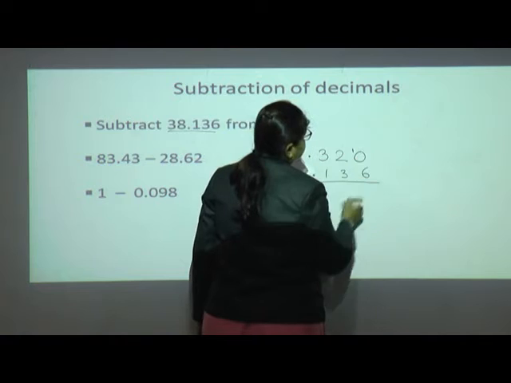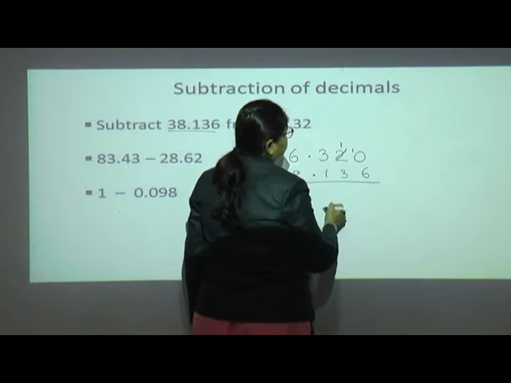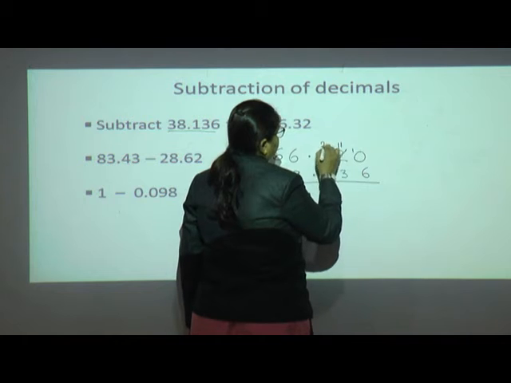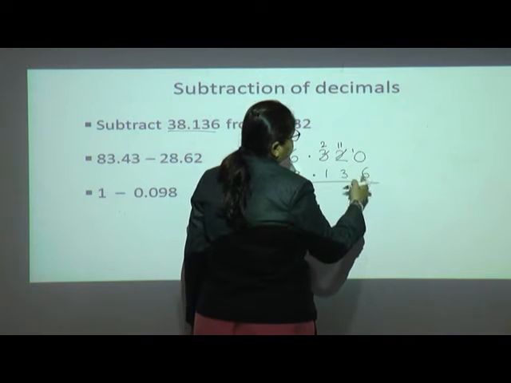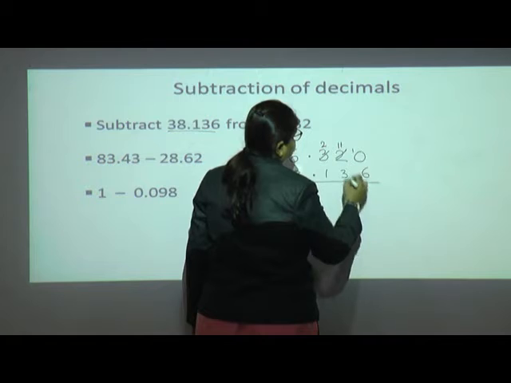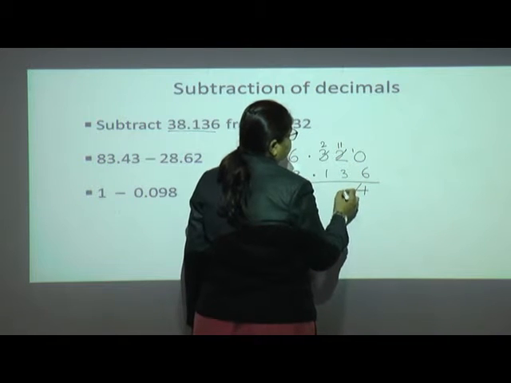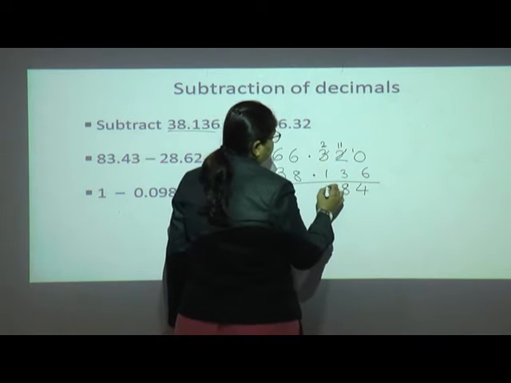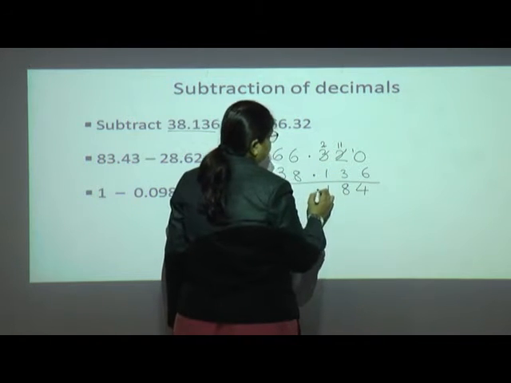Here we will take 10, it will be 1 here. So again we go for 10 plus, here it will be 2. So here 10 minus 6 is 4, 11 minus 3 is 8, then 2 minus 1 is 1. Write the decimal as it is.